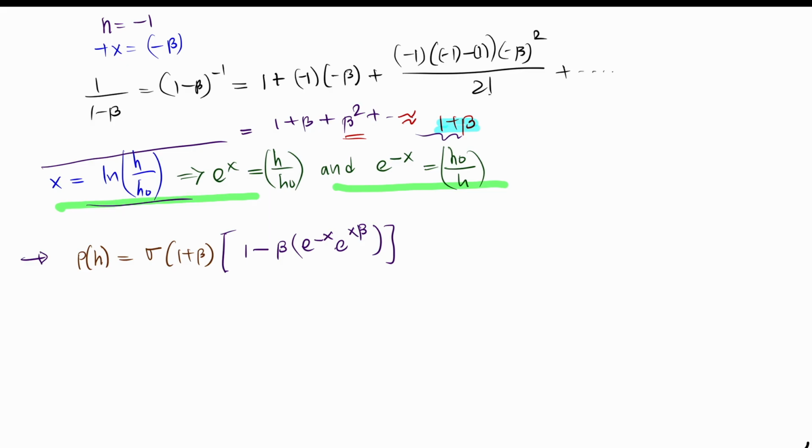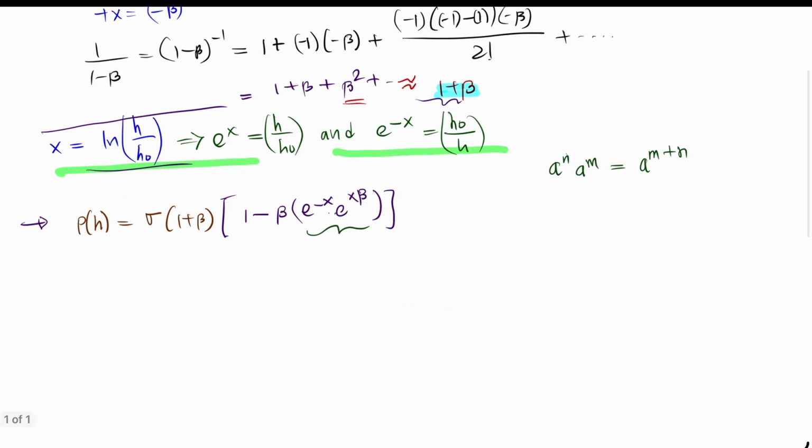If you see this carefully, this is in the form a raised to n and a raised to m, which we can write as a raised to m plus n, which is the power law of exponents. So I can write this as e raised to minus x, e raised to x beta, as minus x plus x beta, which I can write as e raised to minus x 1 minus beta, right?